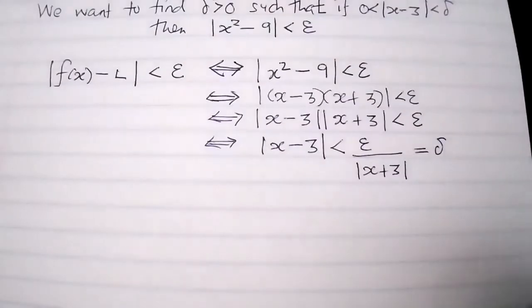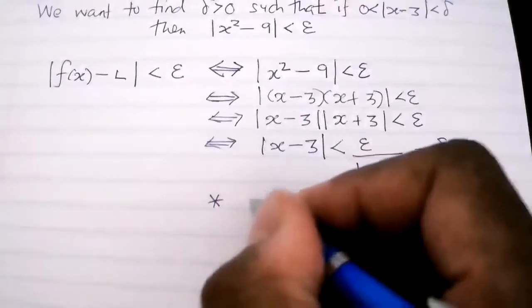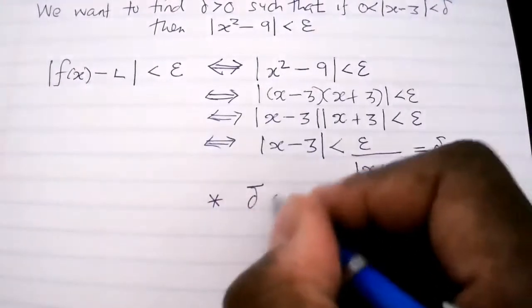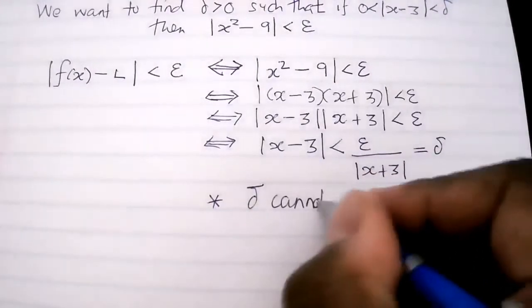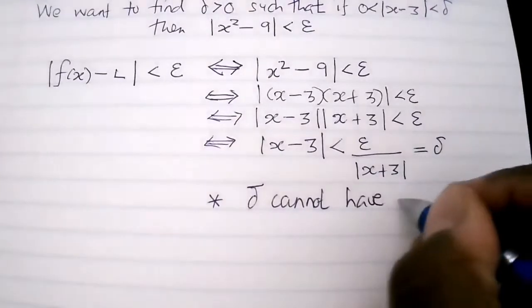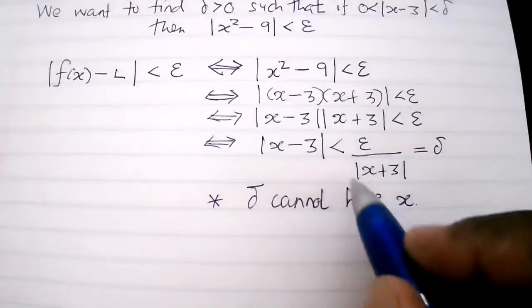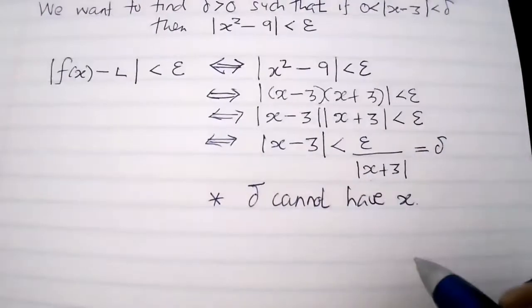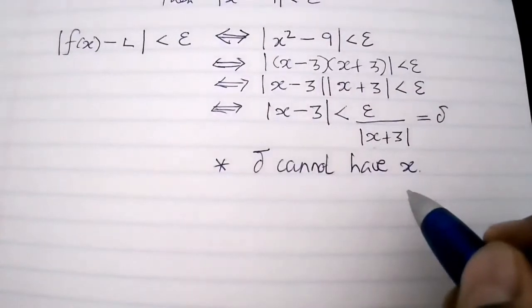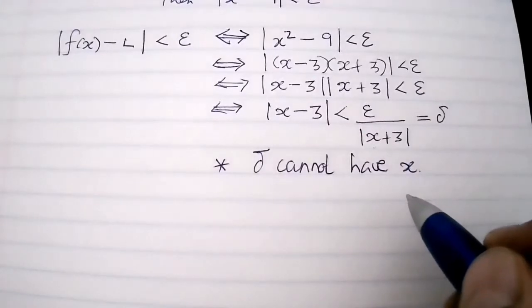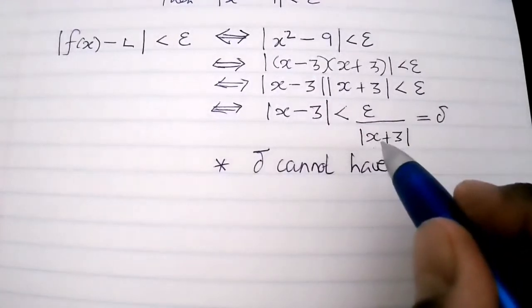But I have a bit of a problem here. My delta cannot have x. Why? Delta cannot have x because my delta needs to be a constant and x is a variable. So I need now to find a way to deal with my x, which is getting in the way.